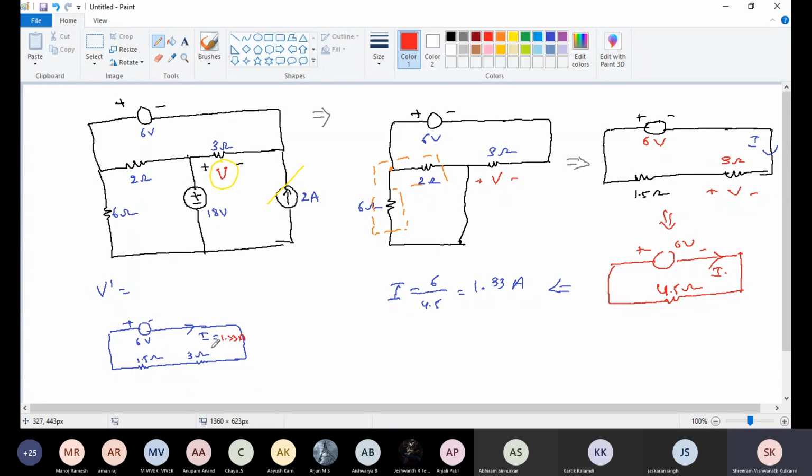Now the voltage across the 3 ohm resistor, V dash, equals 3 into I, which is 3 into 4 by 3, so 4 volt.